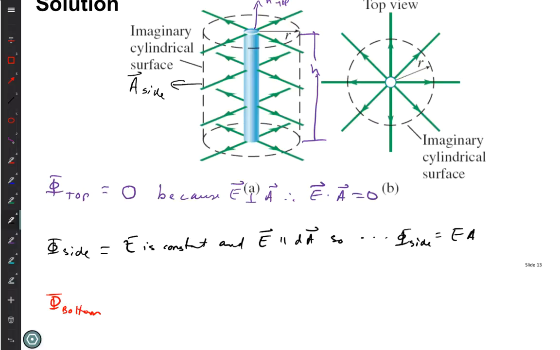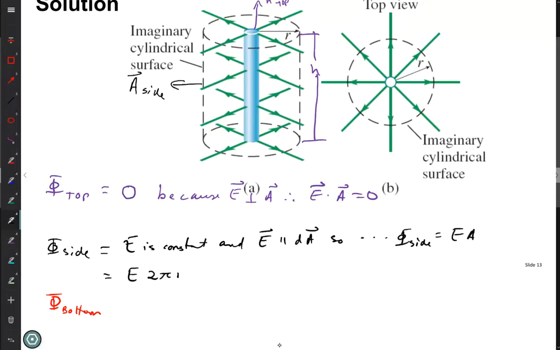Height times circumference, right? It's circumference times height. And if you don't see that instantly, just think about taking the cylinder, slicing it, and flattening it. You'll have a rectangle whose base is the circumference and whose height is the height. And so the area of a rectangle is base times height. So that's equal to the electric field times circumference, 2 pi r, multiplied by the height.